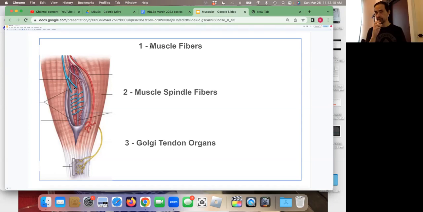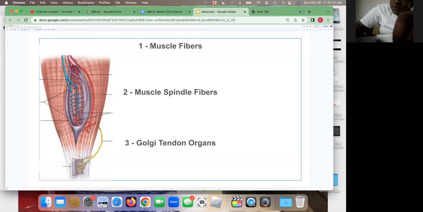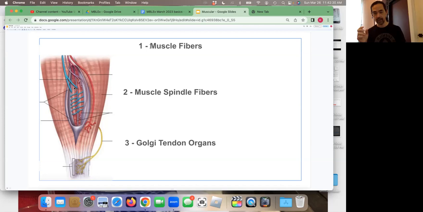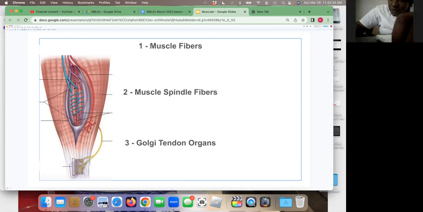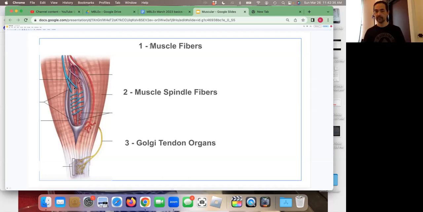Okay, the bundles are called fascicles that make up the muscles, and the myofibers or muscle fibers are actually the cells, right? So repeat after me: muscle, fascicles, myofibers or muscle fibers. Yes, excellent. Okay. Thank you, Dominique.